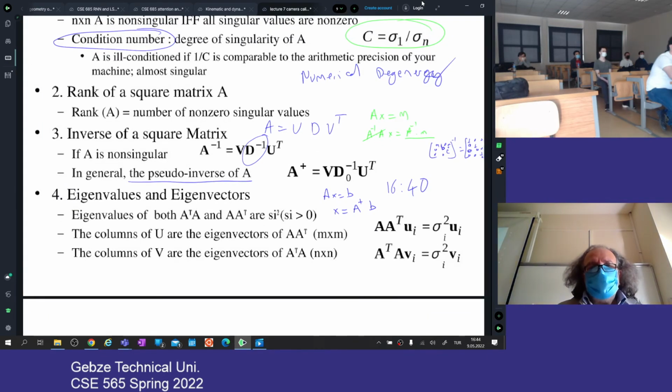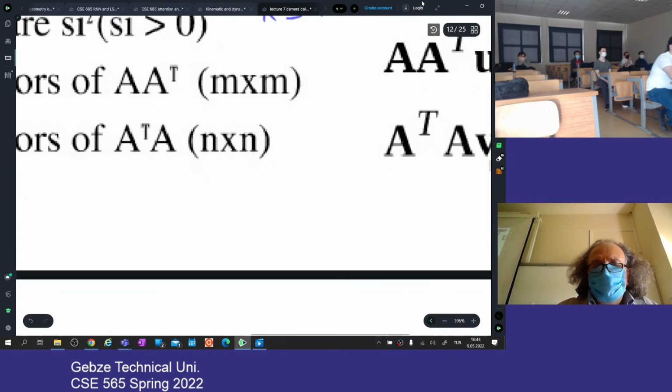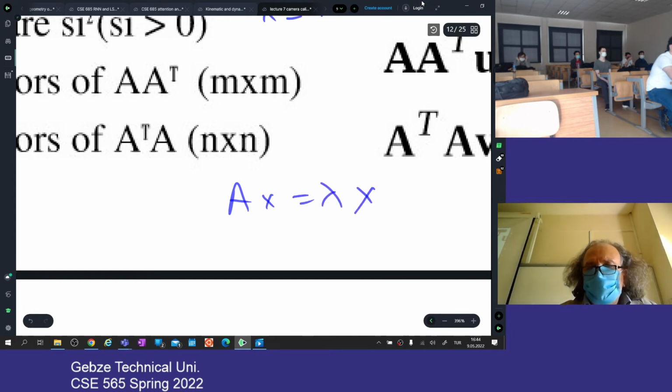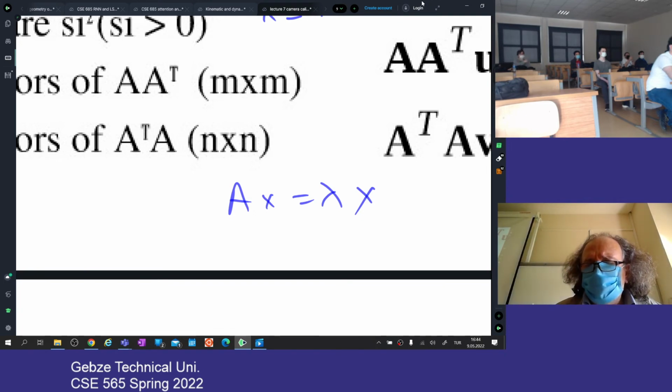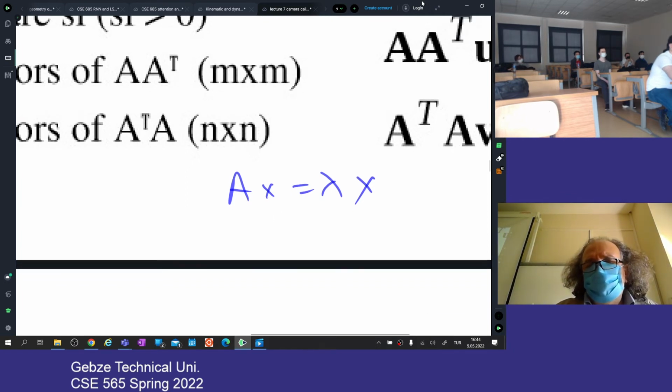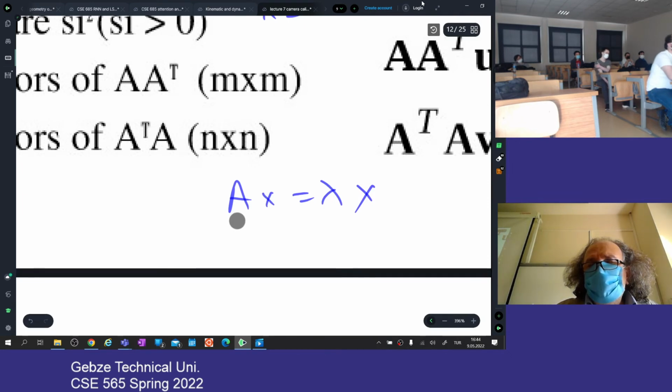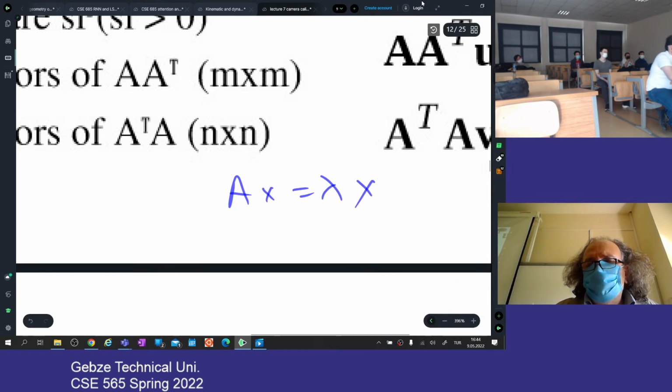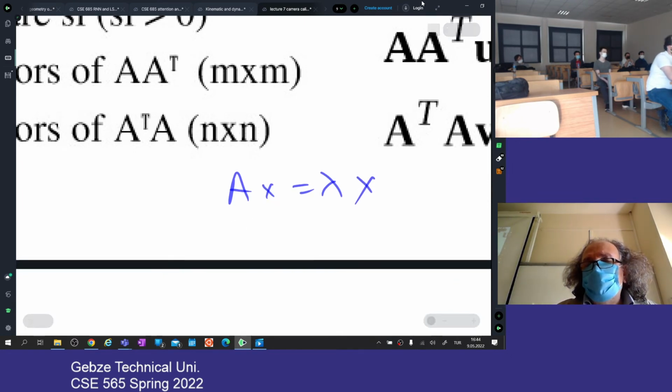Okay, let's come to the eigenvalues and eigenvectors. Remember the definition of the eigenvalues? If I have AX equals lambda x, remember what was the significance of this equation? X is such a special vector for this matrix A. Whatever this A is doing to this X, it's a transformation, right?